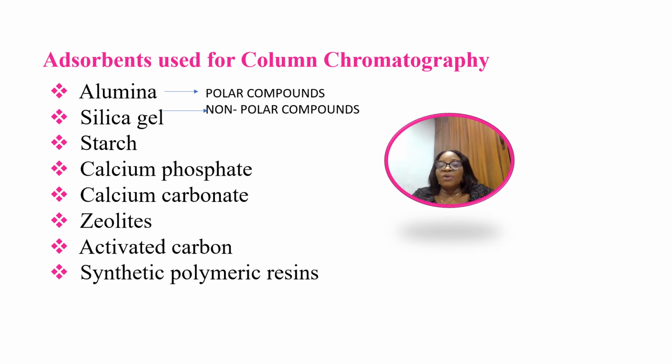Alumina is good for the separation of less polar compounds. Silica gel and alumina are good for the separation of food additives and contaminants.